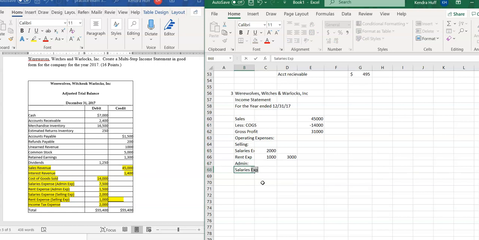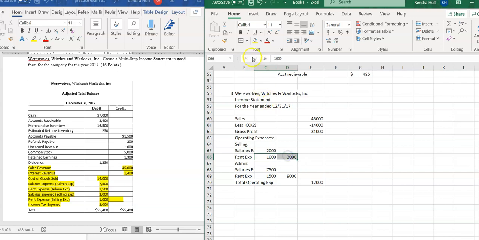I'm guessing my imagination was not working very well the day I made this up. 7,500, 1,500 for rent. All right, then add those two up. It's my total operating expense.